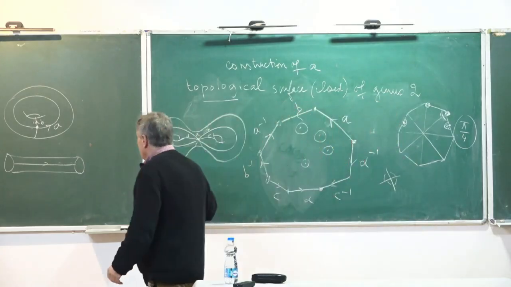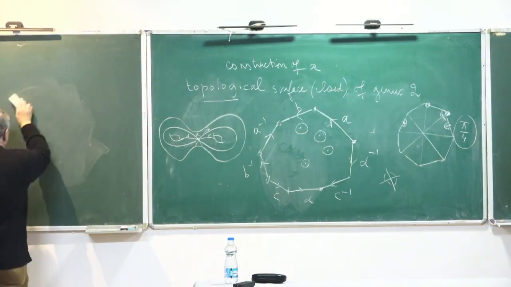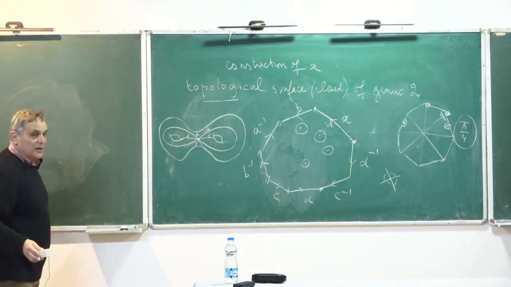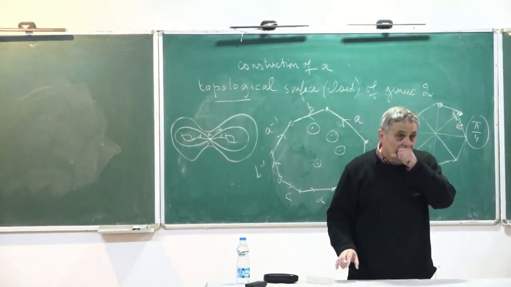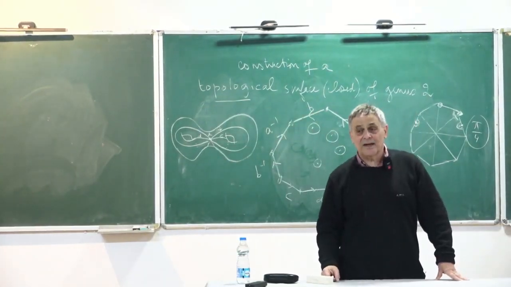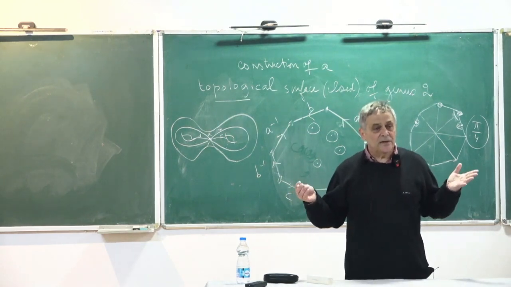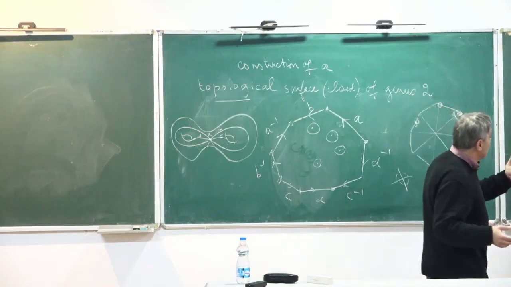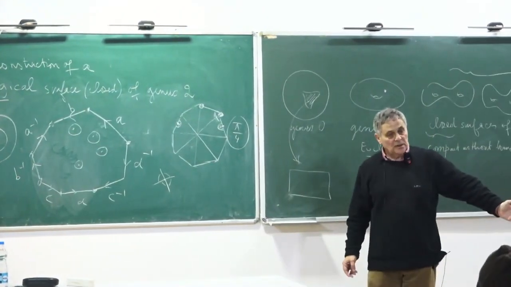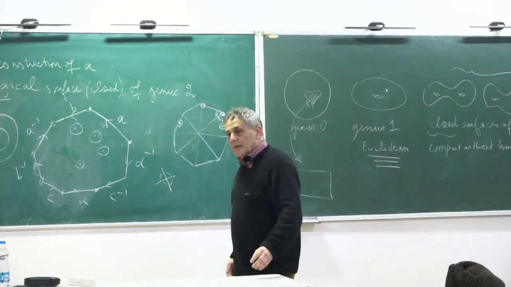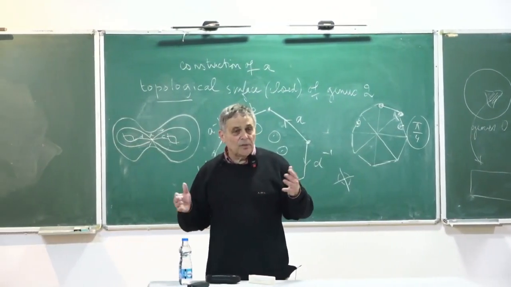My question now is, if I find in the hyperbolic plane a regular octagon with angles pi over 4, then I'm very happy, in fact. I found a hyperbolic metric on a surface of genus 2. So the construction is almost the same.